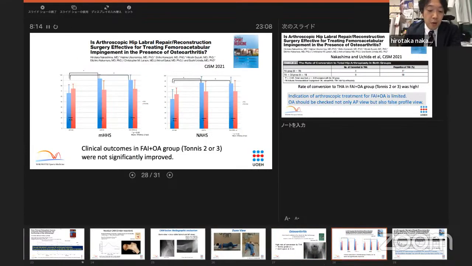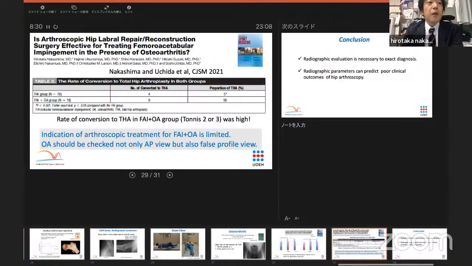And our study also indicates Tönnis grade more than 2 is at high risk of conversion to THA, and clinical outcomes were not significantly improved. So the indication of arthroscopic treatment for FAI with osteoarthritis is limited. Osteoarthritis should be checked not only on the AP view, but also the false profile view.